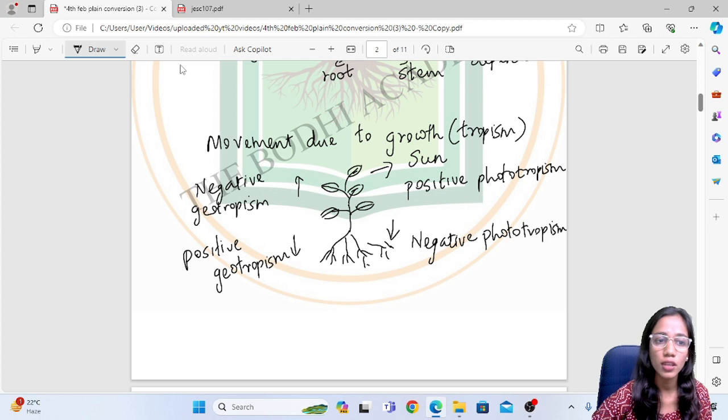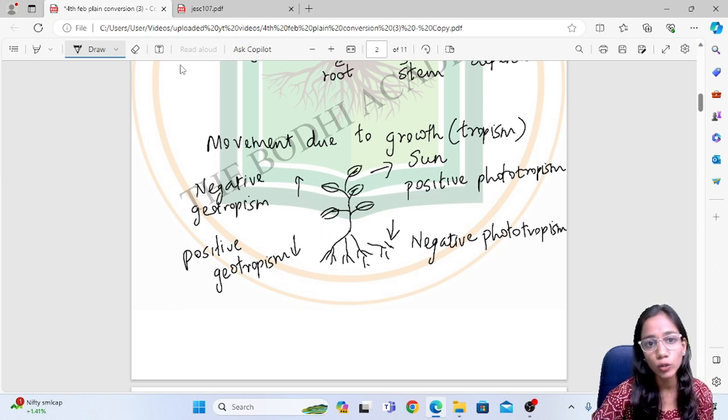We can also see other tropisms like hydrotropism, wherein the cells change their shape in response to the level of water. And also we see chemotropism, which is seen in the sexual reproduction in plants, wherein the pollen tube starts growing towards the ovule.